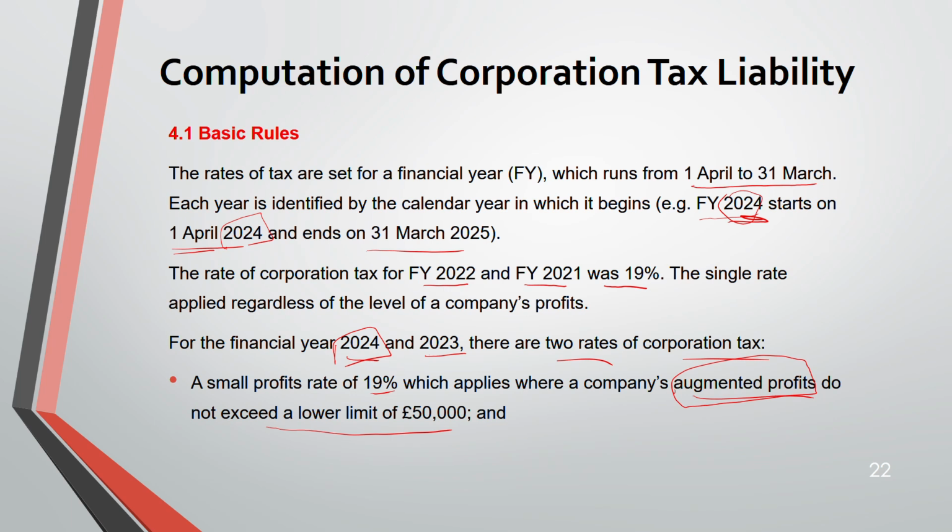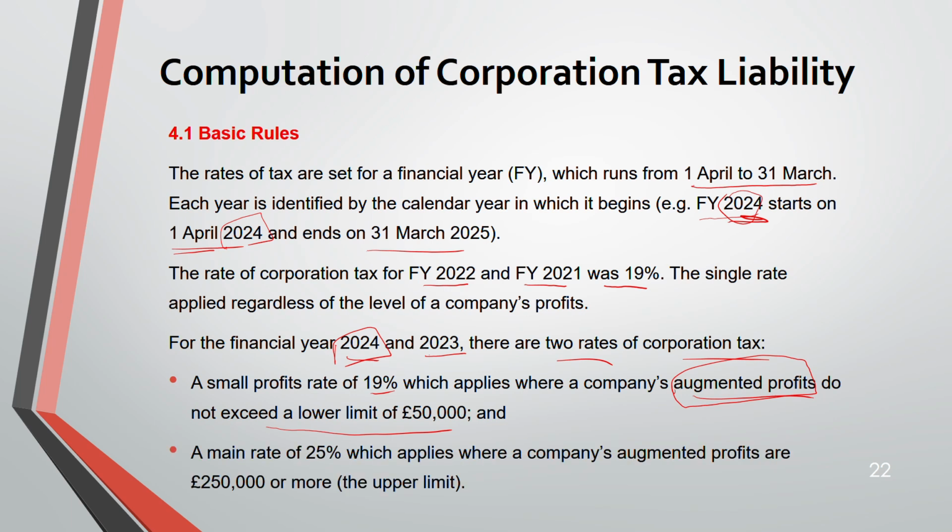Company's augmented profit should be less than 50,000. Then it is known as small profit, and so the small profit rate will apply. And the main rate, which is 25%. This applies if your augmented profit is 250,000 or more. Remember the limits and the rates.